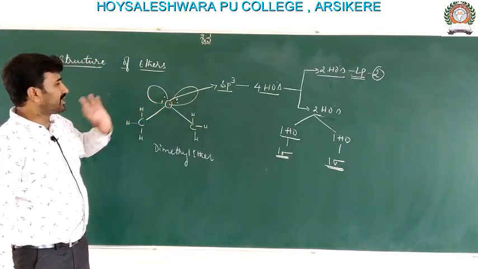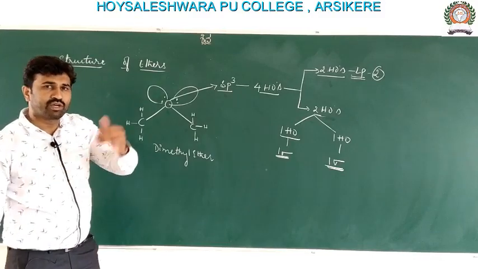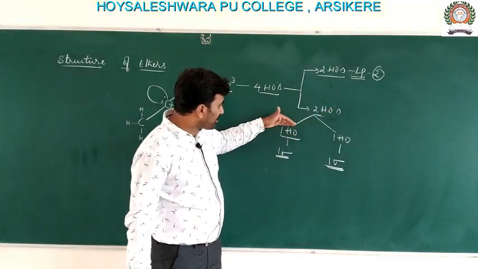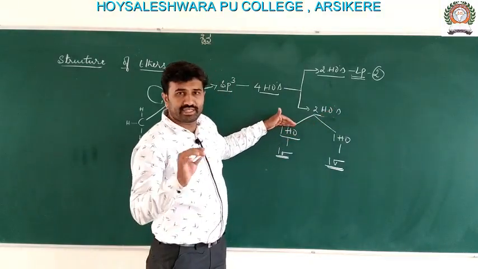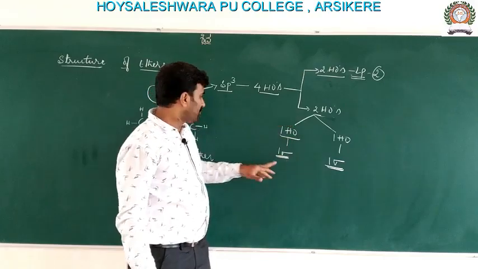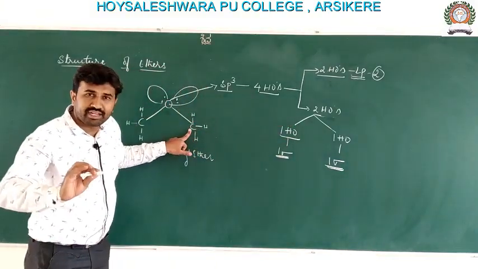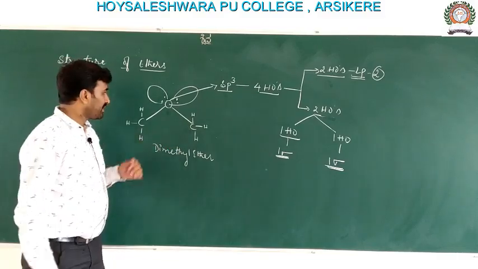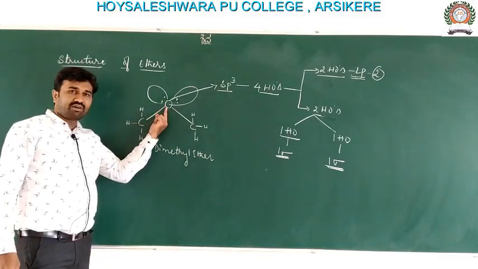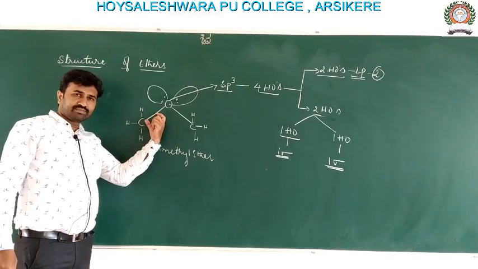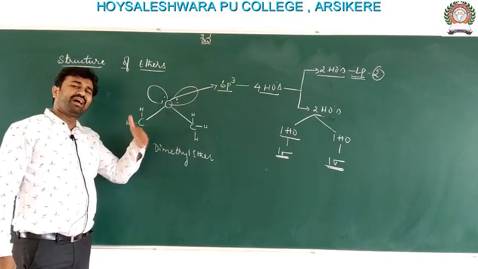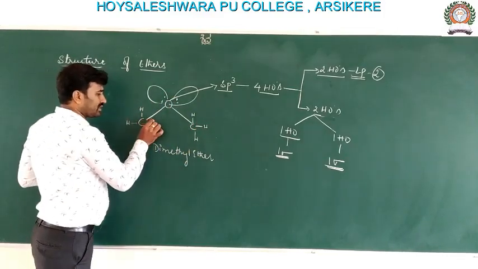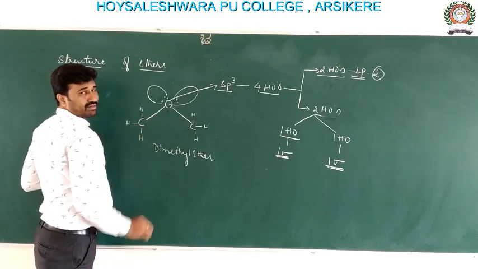The remaining 2 hybrid orbitals: one sp3 hybrid orbital of the oxygen atom overlaps with the carbon atom of the alkyl group to form one sigma bond. Similarly, another hybrid orbital overlaps with the carbon atom of the other alkyl group to form another sigma bond. We can see there are 2 sigma bonds, this is one and this is another.